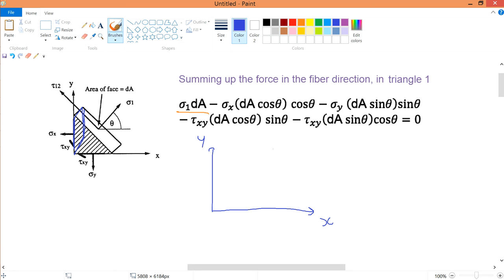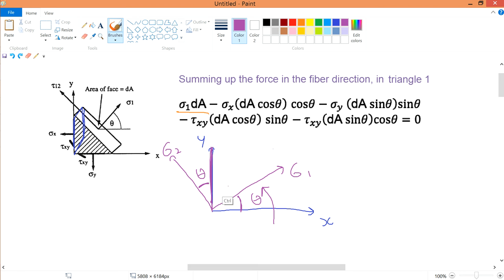Alright, and if you tilt this whole thing by a certain angle, this is your sigma 1, this is your sigma 2. This is your angle theta. Over here, this is your angle theta also. If you think about it, if you bring this line in this direction, this line over here will also move in this direction.